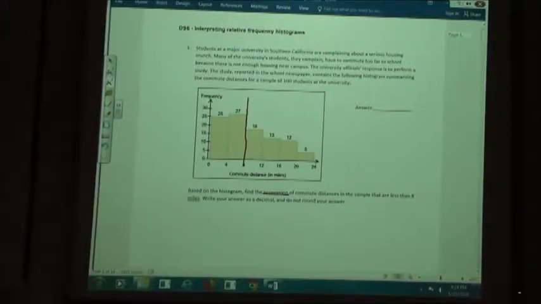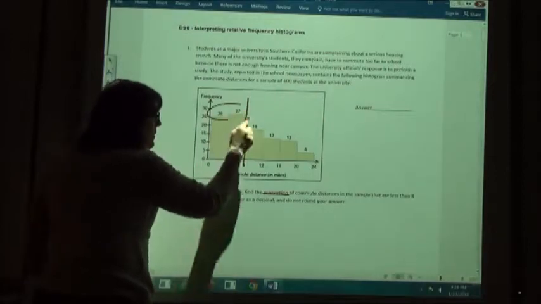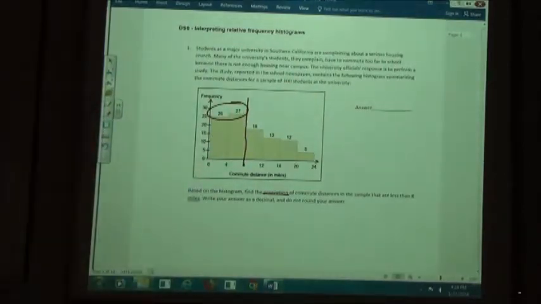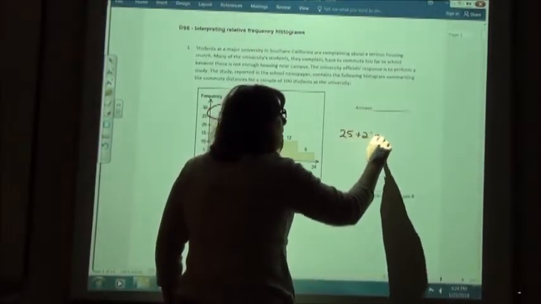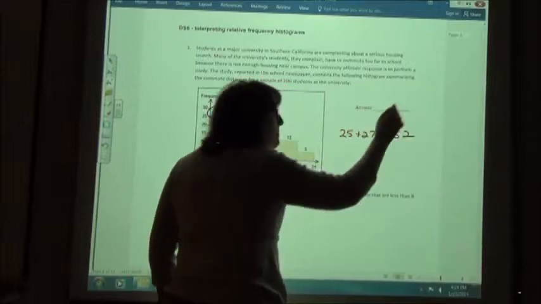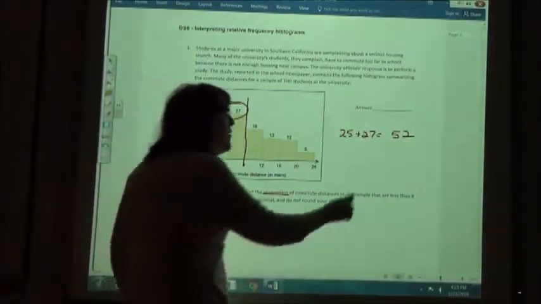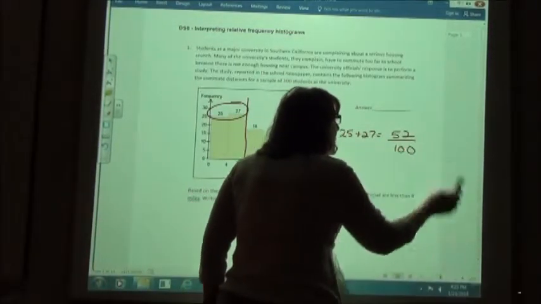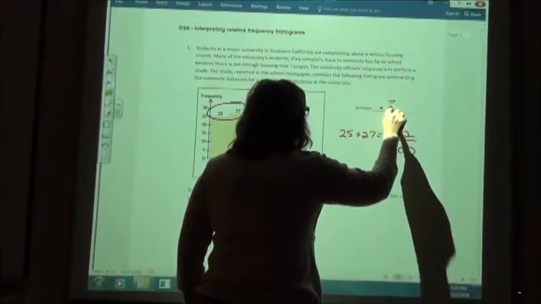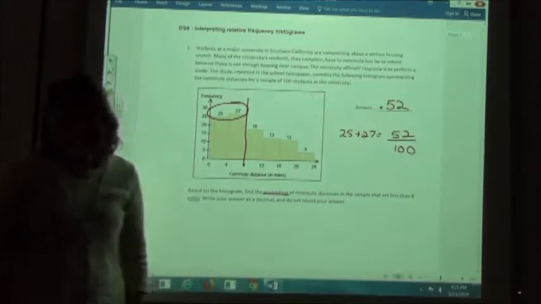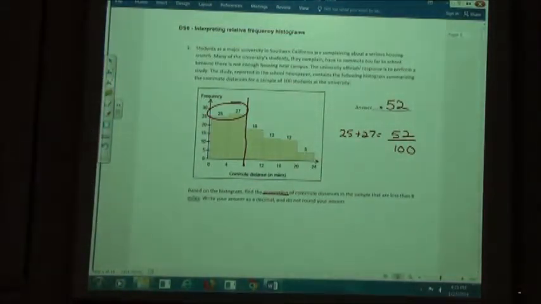If I'm doing less than 8, I'm going to do those two numbers together, right? 25 plus 27 would give me 52, right? 52 out of 100 is what as a decimal? 0.52, right?